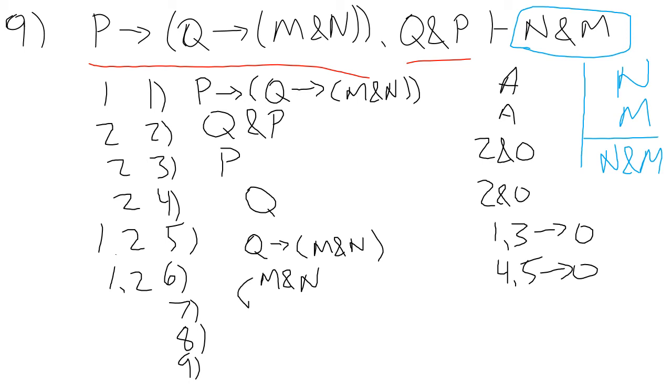I can separate this out into M and N. Where am I getting that from? Well, here is M and N, and it's an ampersand out. And it's going to be the same thing for both of these lines. So what numbers are associated with line 6 here? It's going to be 1 and 2.